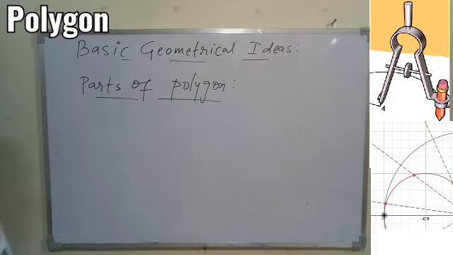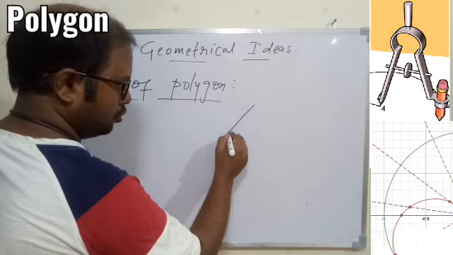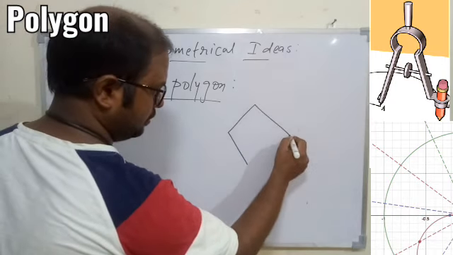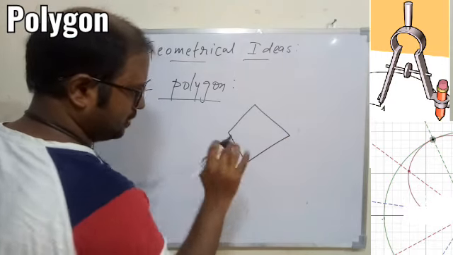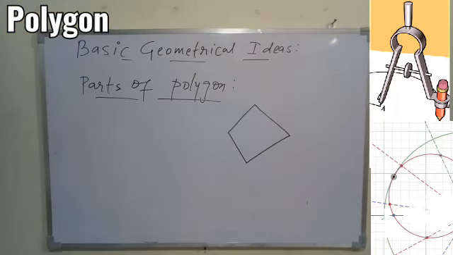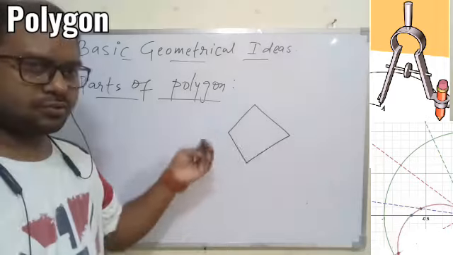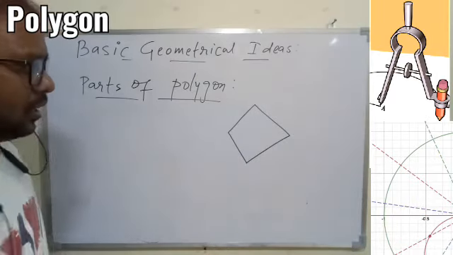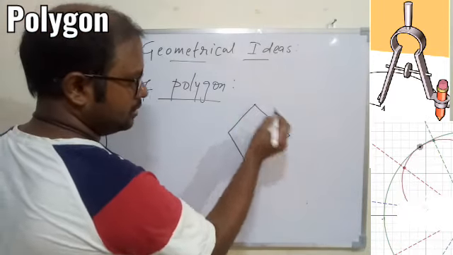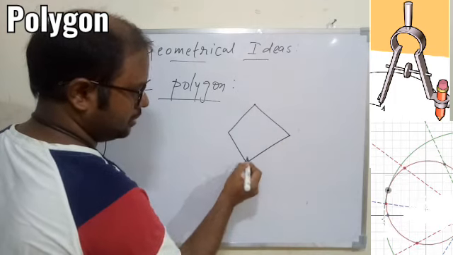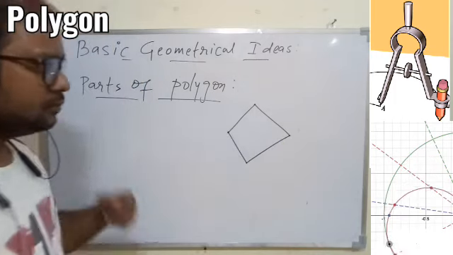For this, let's take any one example of polygon. So 1, 2, 3, 4. I haven't drawn the straight lines properly, but you should remember the lines should be straight and you must draw with the scale only. Now what you see, this is one point, this is another point, this is the third point, this is the fourth point.